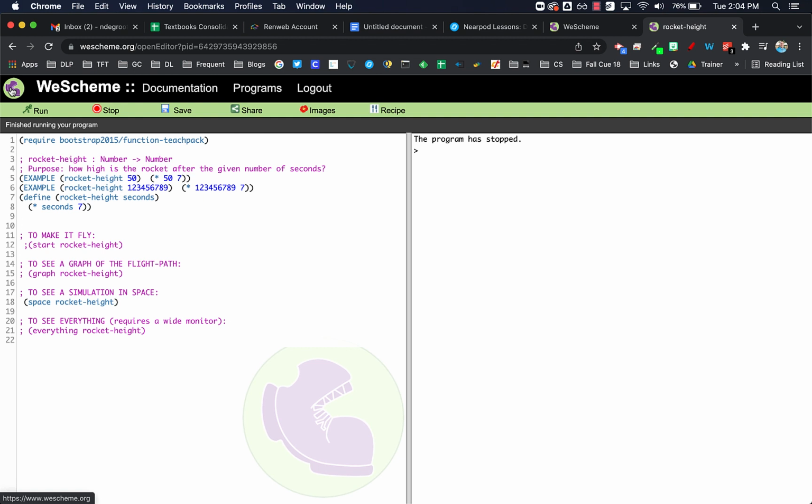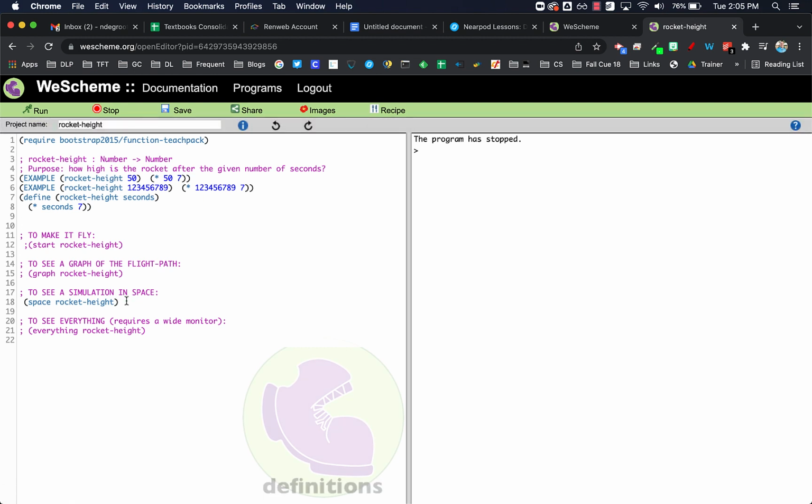And a second way that you can get extra credit is to make the speed change exponentially. That means instead of always being at a static number like 7 meters per second, make it increase in some way. So make that speed increase somehow. Those are 2 options for extra credit.